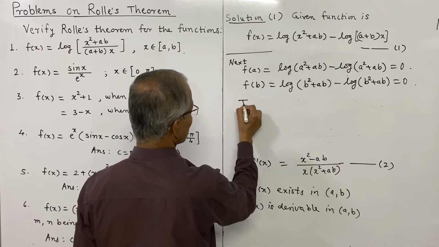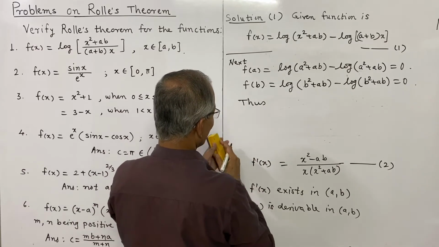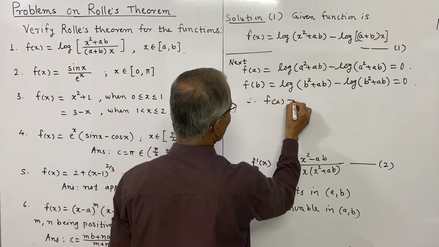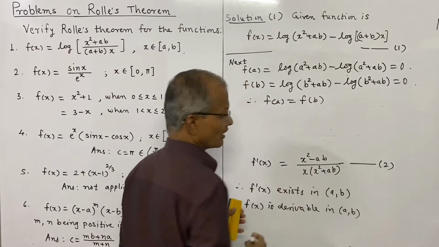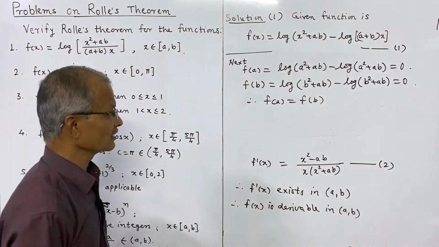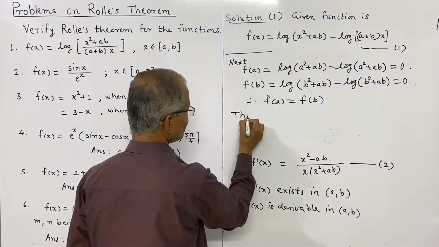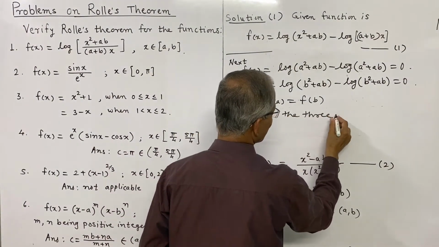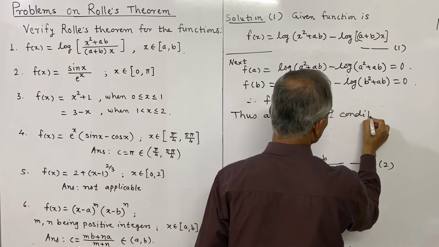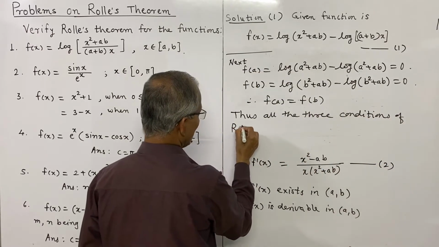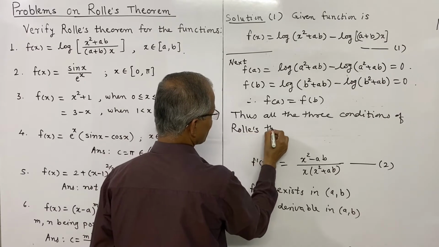and therefore we can say f of a is equal to f of b, and thus all the three conditions of Rolle's theorem are satisfied.